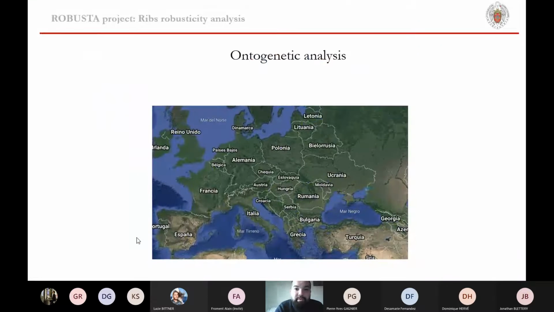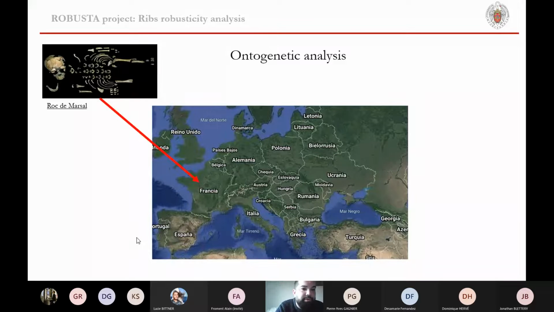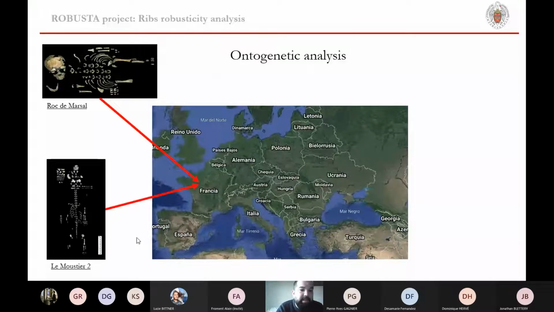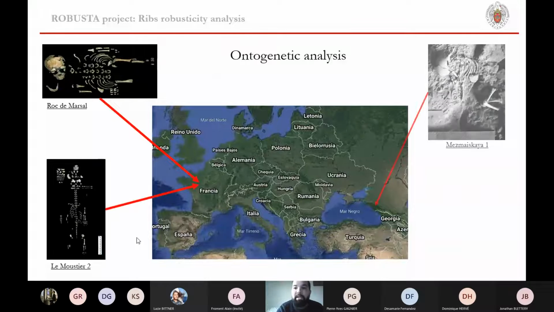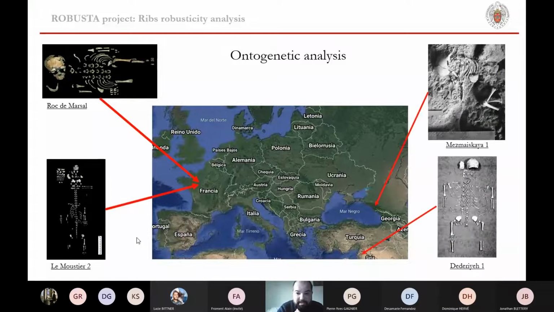In a second step, we followed an ontogenetic analysis in order to study different individuals to see if the differences that we saw in adults were also differences from early ontogeny. So we worked with the Roc de Marsal, the Le Moustier 2 individual, the Mezmaiskaya 1, and the Dederiyeh 1.